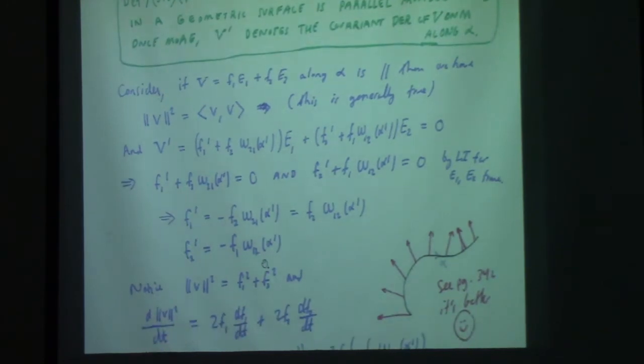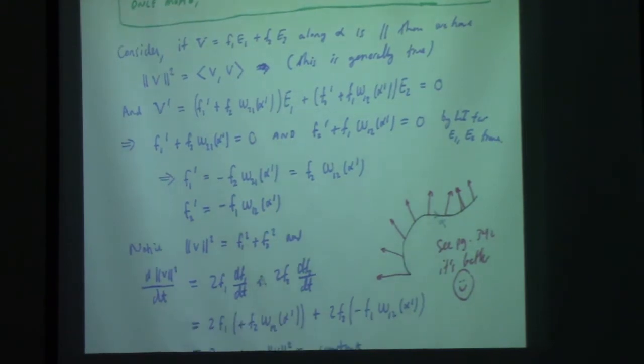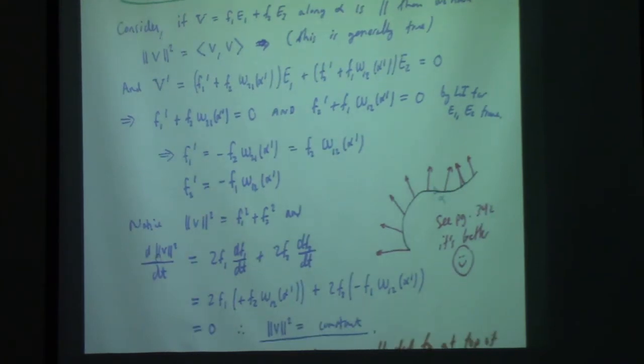But I also know that the length of V squared is f1 squared plus f2 squared, which differentiated gives 2 f1 df1/dt plus 2 f2 df2/dt. If I plug in these differential equations into my derivative of the length squared, I get 0. Therefore, the length squared is constant, which means the length is constant. So that was my proof of this.